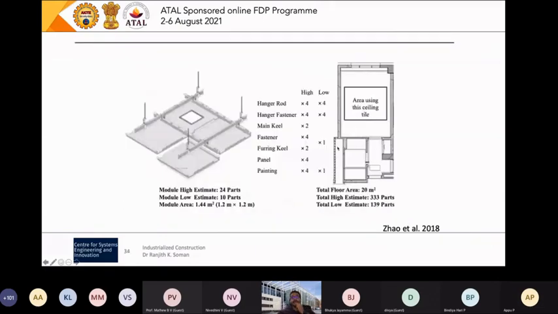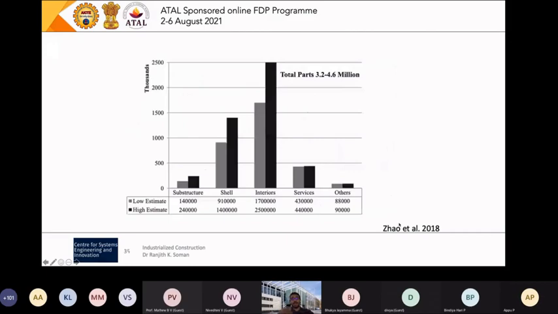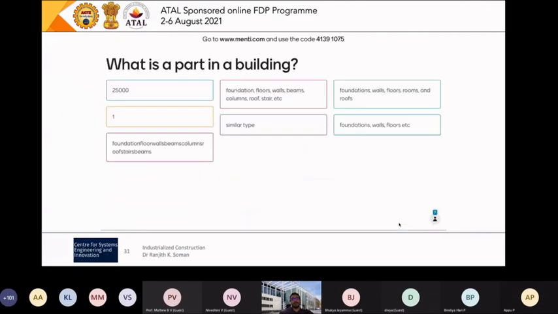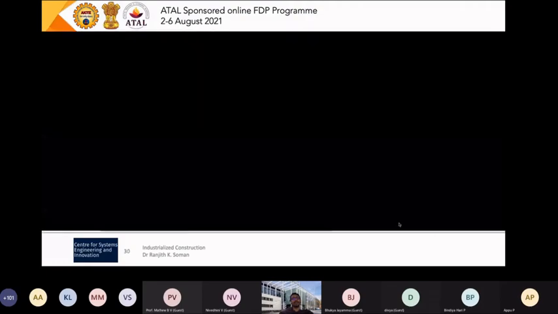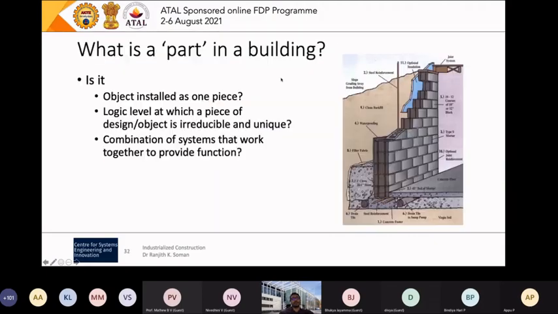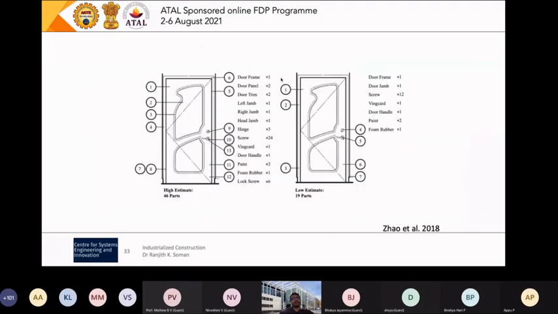If you look at a ceiling, there can be a high estimate of 24 and a low estimate of 10 parts. For a 20 square meter area, there can be a high estimate of 333 and a low estimate of 139. And this was carried out on the example building that we stated earlier, with 420 rooms, 7 floors, and 40,000 square meters.